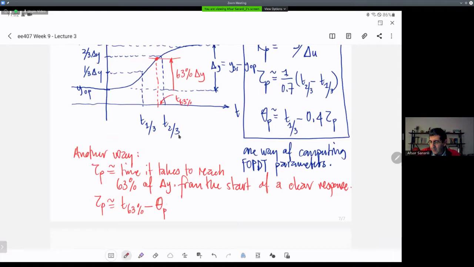While theta p is the time, şöyle diyelim, time from the step to see a clear response.